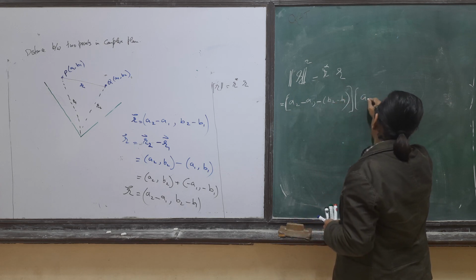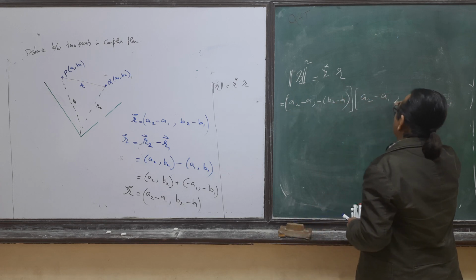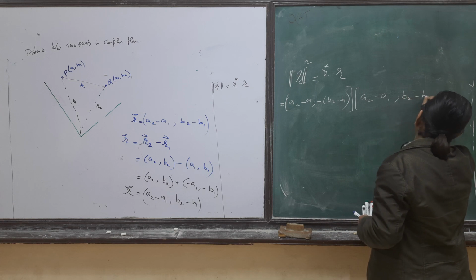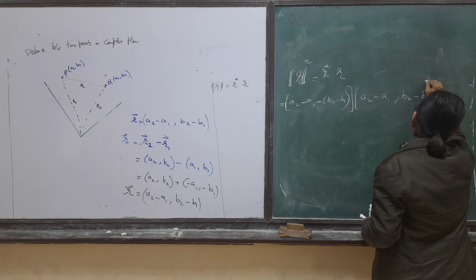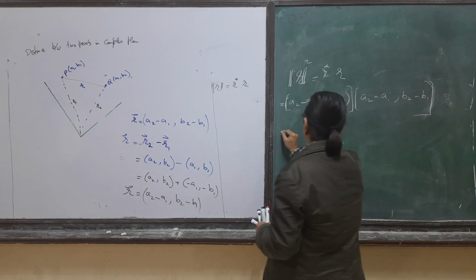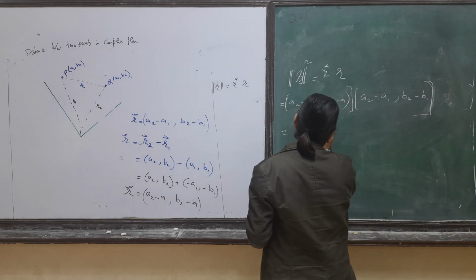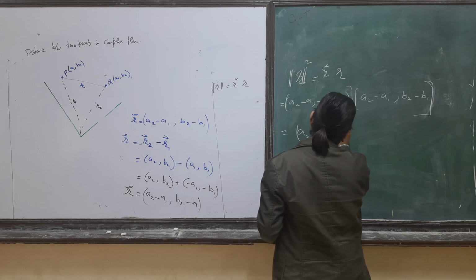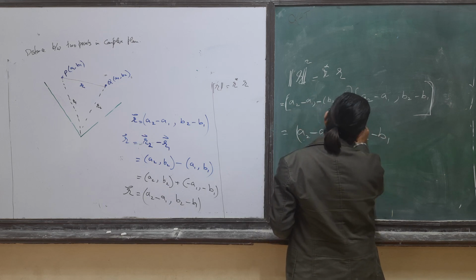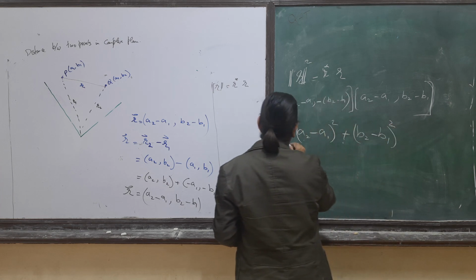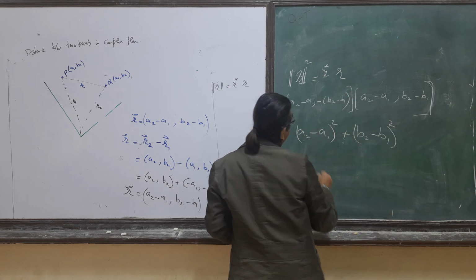And this will be A2 minus A1, B2 minus B1. And this will be A2 minus A1 square plus B2 minus B1 square. So this will be the length.